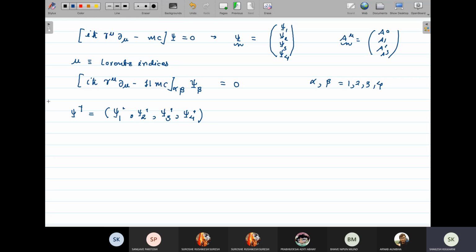Clear? Okay. So now I want to construct a conjugate equation of this Dirac equation.